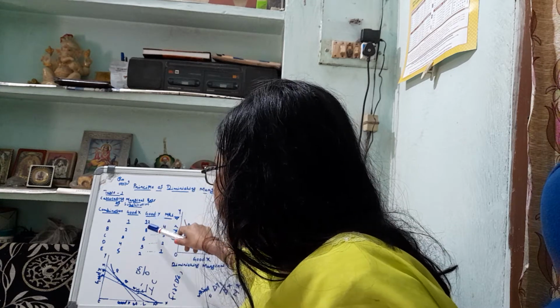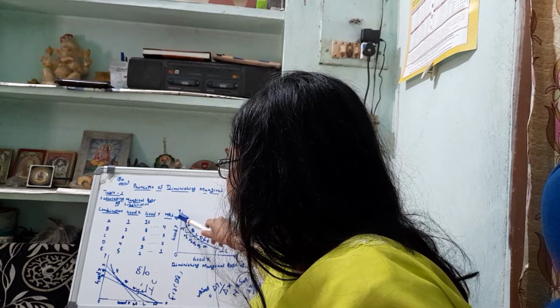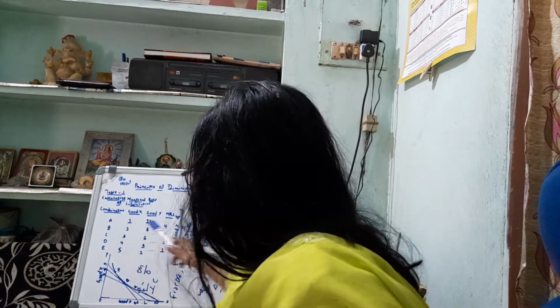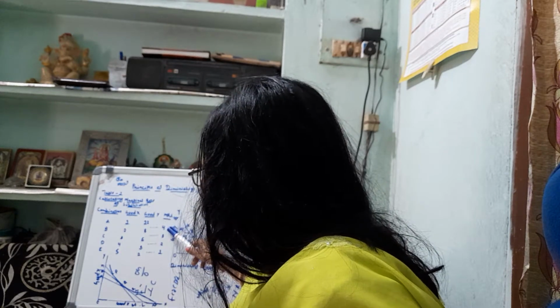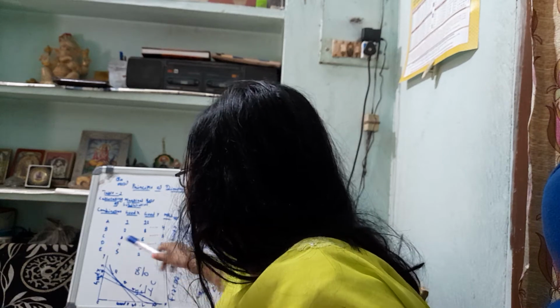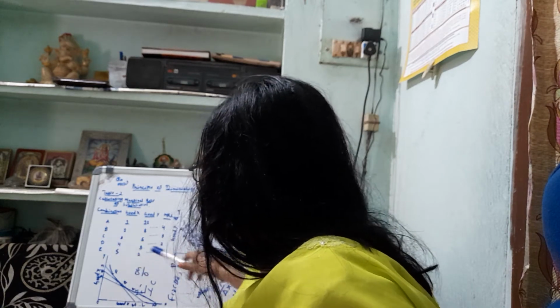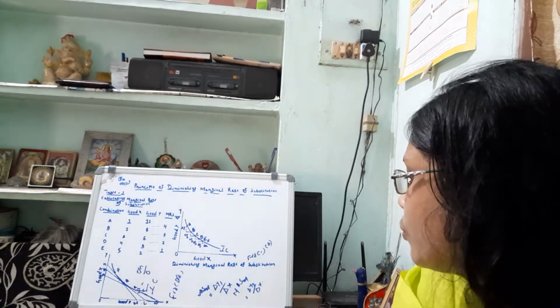Good y: 12, 8, 5, 3, 2. The marginal rate of substitution of x for y between A to B is 4, between B to C 3, between C to D 2, between D to E 1. This will be shown in figure 1a.